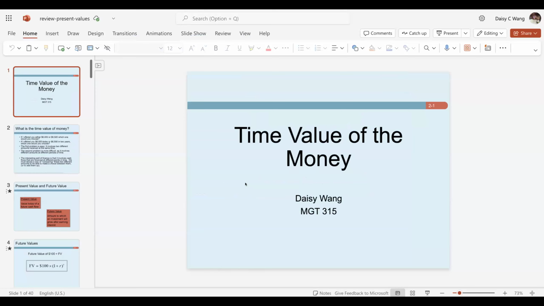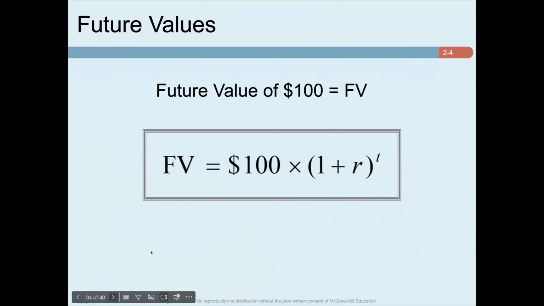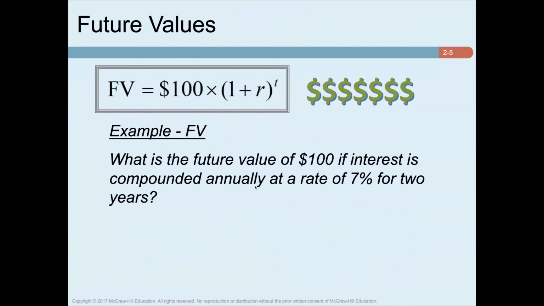So this is the PowerPoint, the Apple version, not the Windows one. This is the future value of 100, depending on when you're going to have it. Like the previous example, it will be 6,000 times 1 plus the rate to the power of 2. So what is the future value of $100 if the interest is compounded annually at the rate of 7% for 2 years?